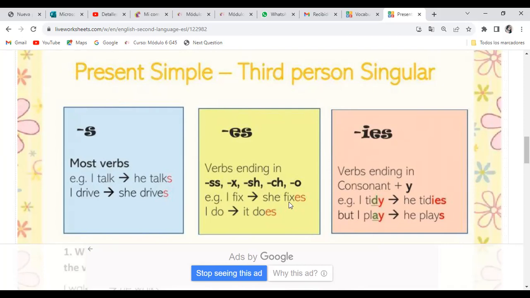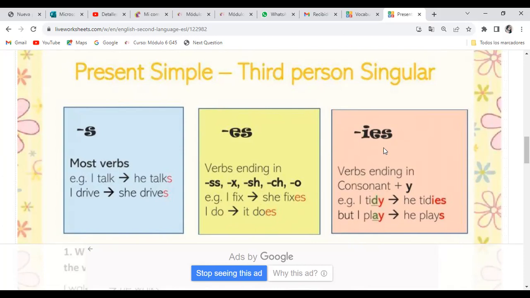Ella arregla su carro. I do, it does. My dog, for example, my dog does. We can do some exercise in the morning, right? So if I'm talking about my dog, I can replace it with a personal pronoun, it.